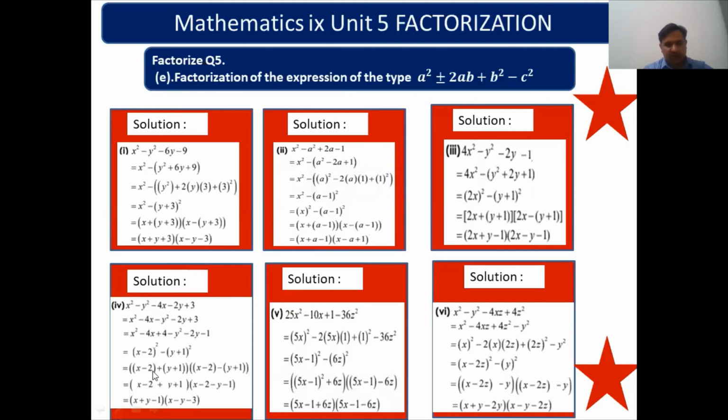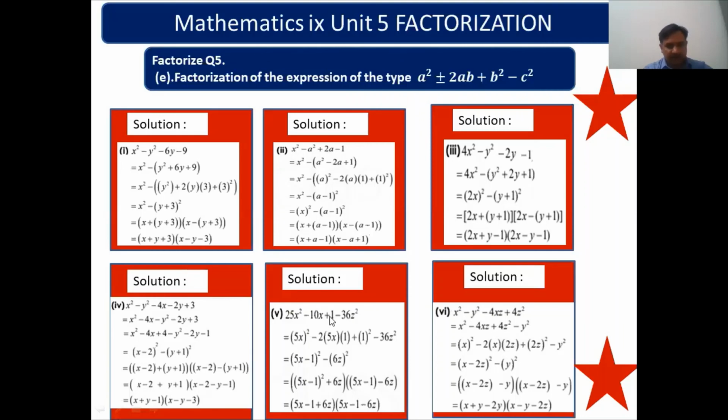So x minus 2 plus y plus 1 and x minus 2 minus y plus 1. When we remove brackets, we have x minus 2 plus y plus 1, and here x minus 2 minus y minus 1. When we multiply minus to these terms, we have x minus 2 minus y minus 1. So we can write this as x plus y minus 1, and here x minus y minus 3.